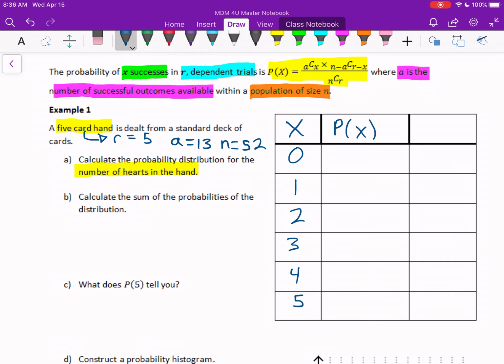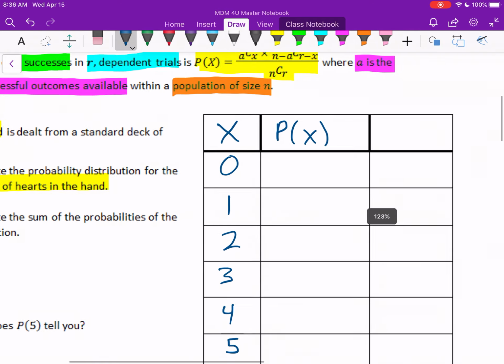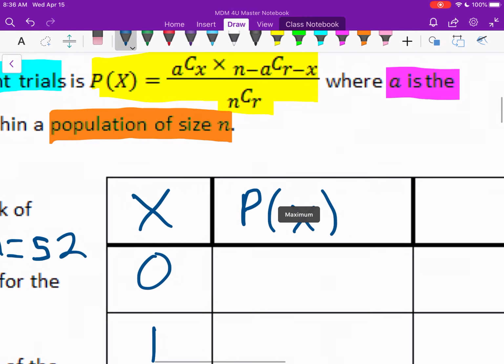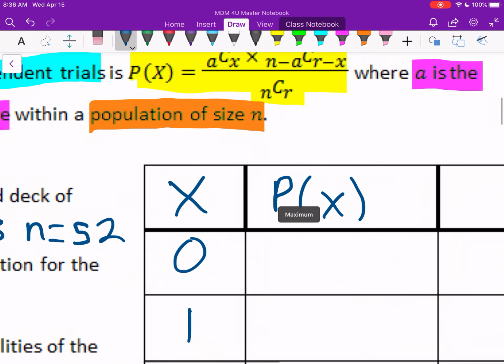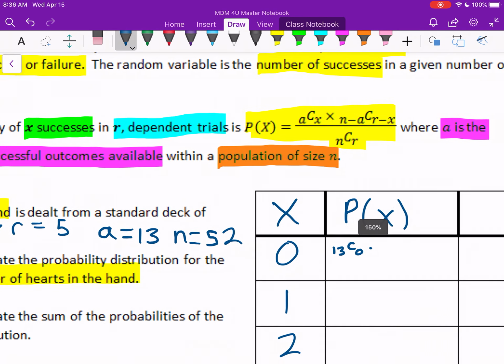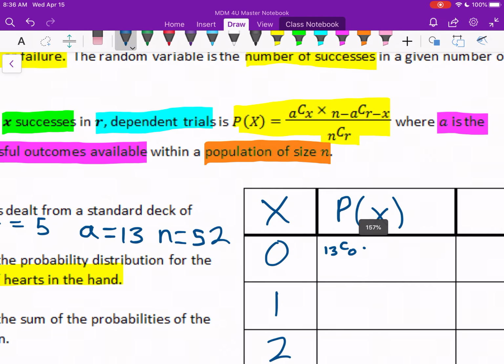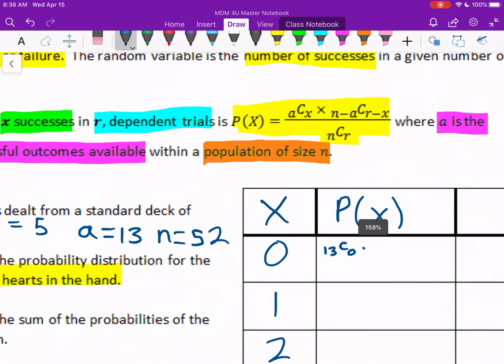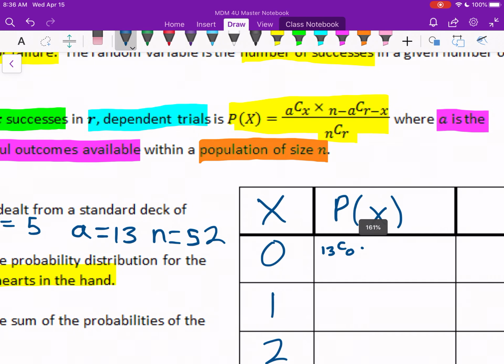So to calculate the probability of X, it is A choose X, so 13 choose 0. So I want to find the probability of getting 0 out of the 13 hearts, and then I want to multiply that by, basically, that's my probability of getting 0 successes. I want to multiply that by my probability of getting failures.